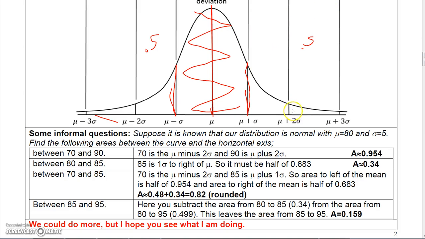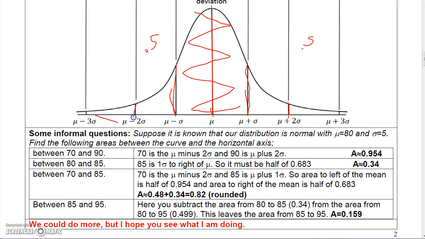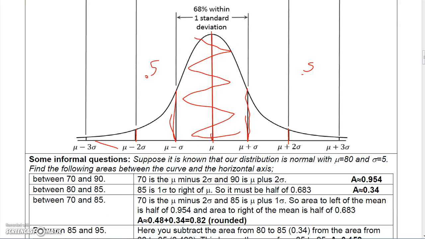But if you take the area from 2 standard deviations to either side of the curve, then you're going to get an area of 0.954, which roughly is 0.95, but 0.954. And then if you go 3 standard deviations to the left over to 3 standard deviations to the right, that's almost everything under the curve, except just a tiny bit that's out here and a tiny bit that's out here.